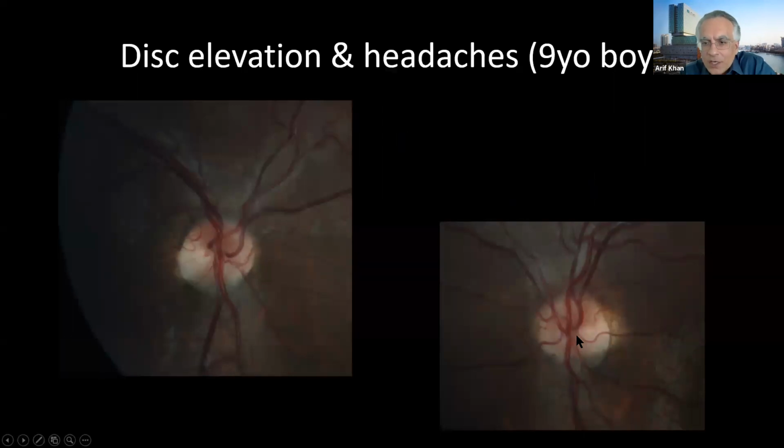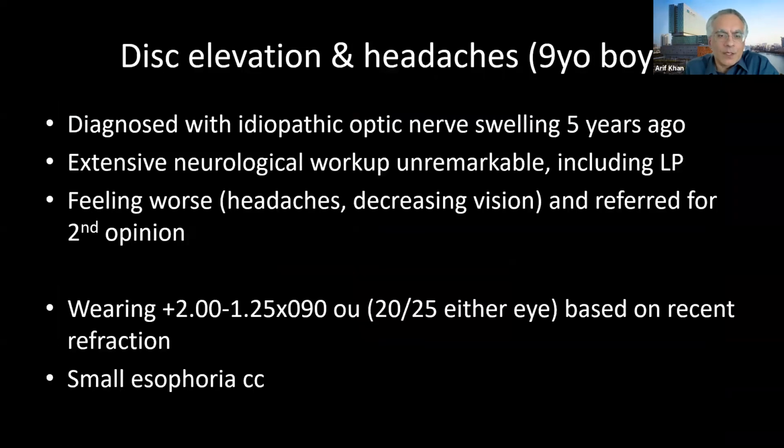I don't have a picture of the fovea to show you the disc-fovea distance, but this is the lumpy, bumpy disc that we often see in high hyperopia. So this child had uncorrected hyperopia, and this is why he had headaches, and nobody had ever done a cycloplegic refraction. Anybody who has headaches and decreased vision, especially if there's an esophoria, should have a cycloplegic refraction.